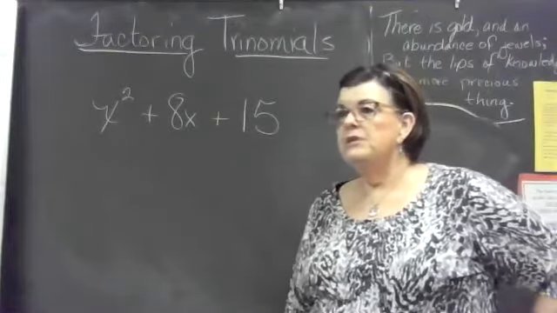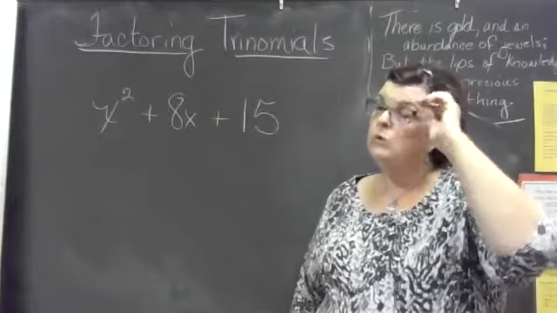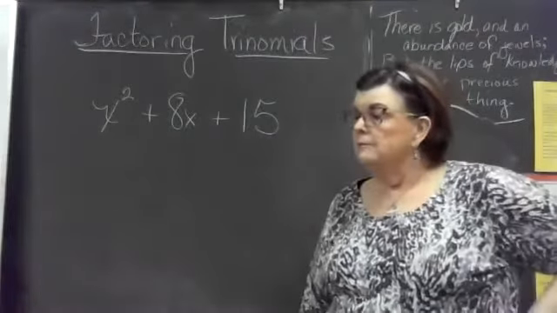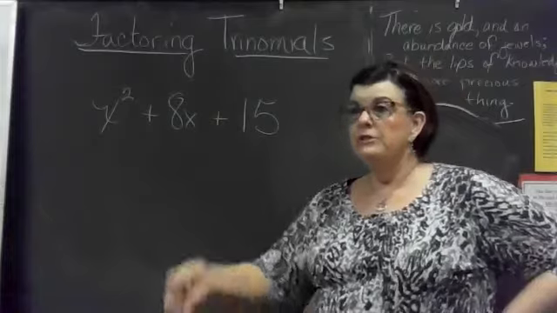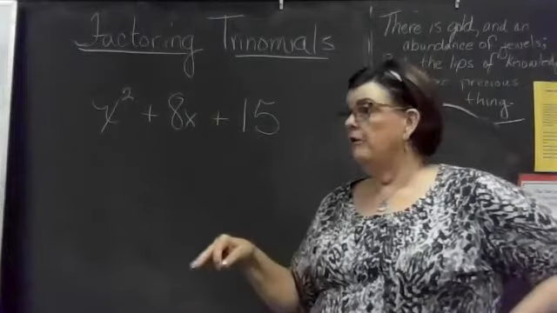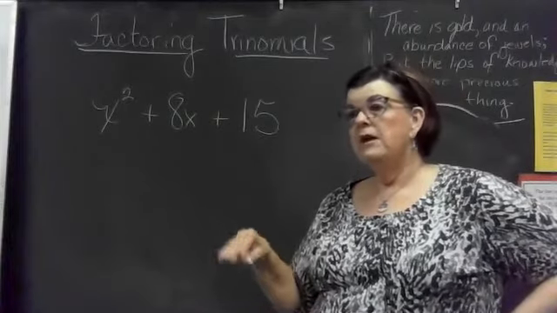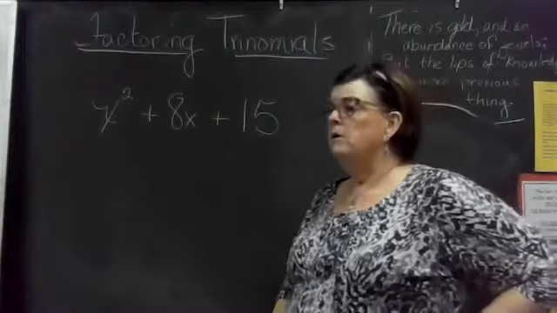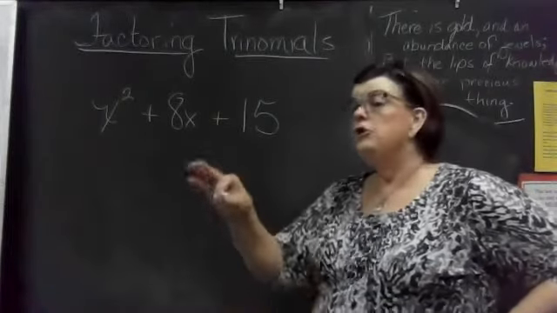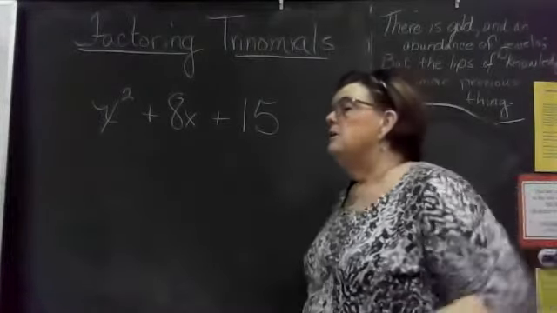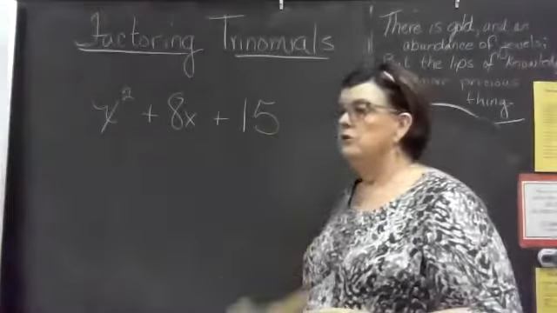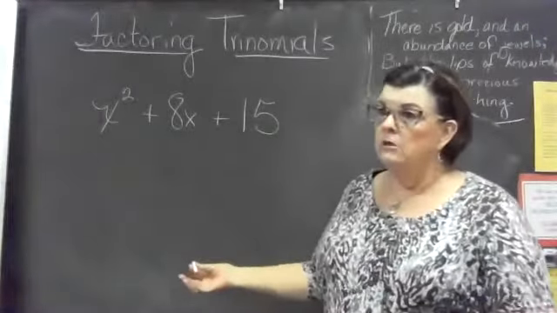Step number 2 says look for some specials. We will not talk about specials at all until after the break. Specials are listed down below, but I'll explain all of that when we get there. The clue to find specials is that it only has 2 terms. Well, this has 3 terms, so there's definitely not a special here.